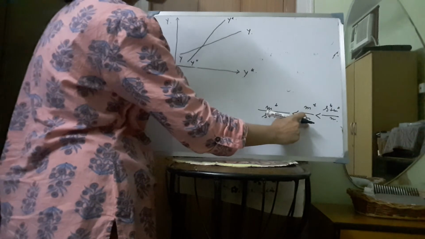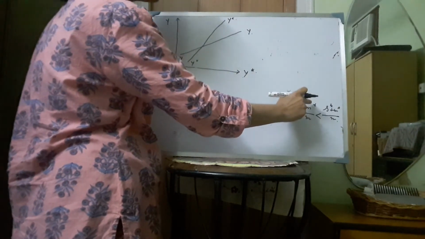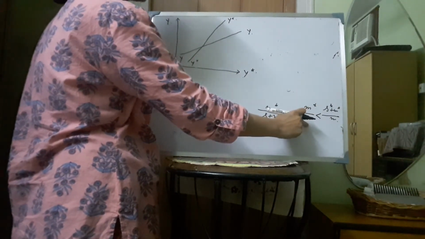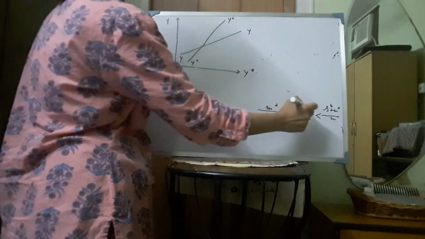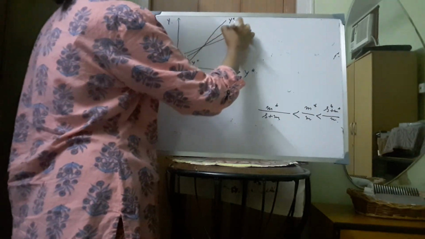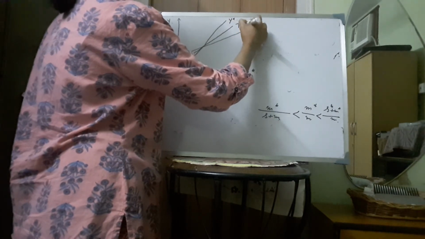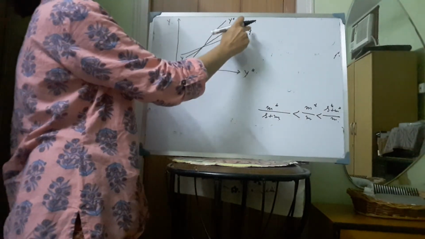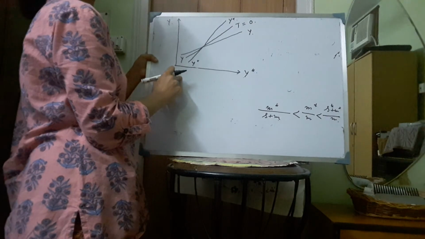And what about the trade balance schedule? The trade balance schedule's slope is M star by M. So M star by M is in between these two values. So therefore the trade balance schedule lies in between these two lines y and y star.